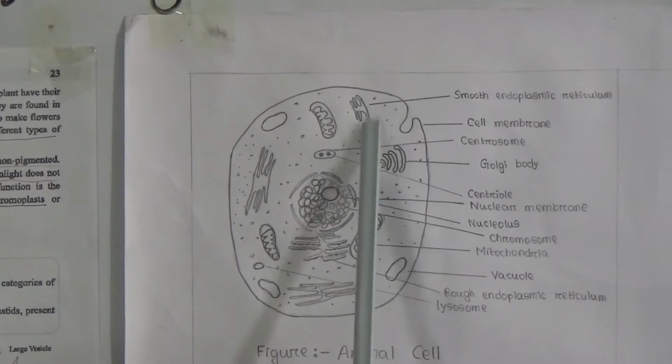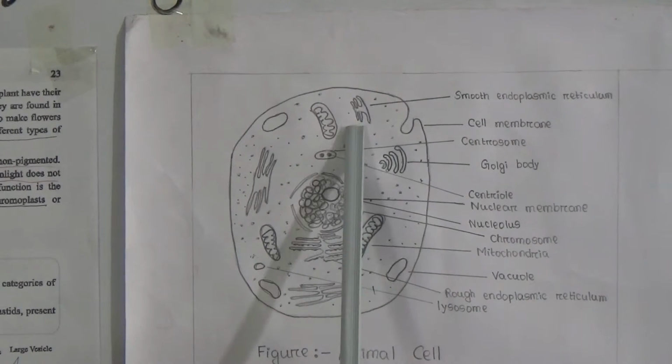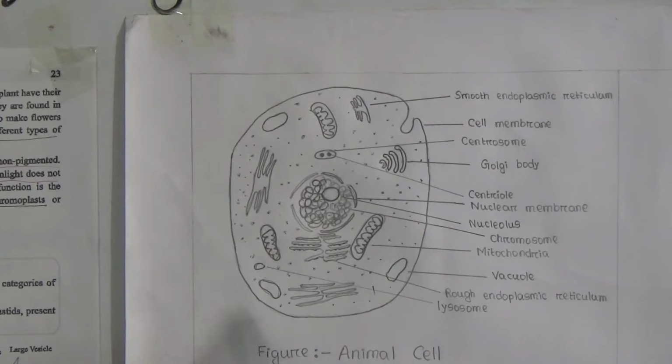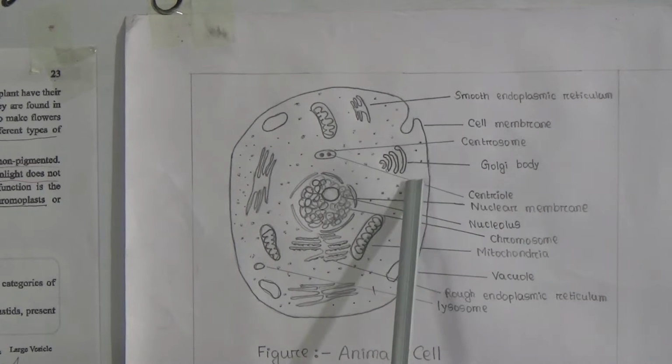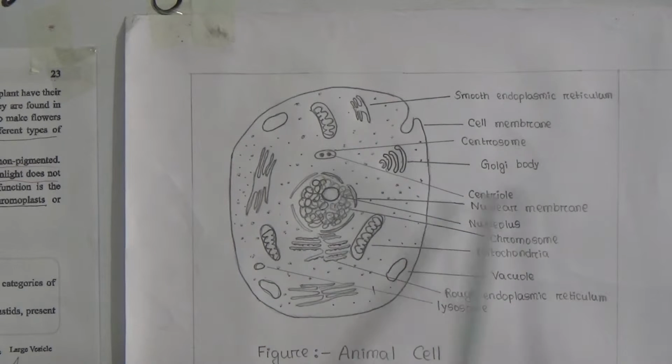Smooth endoplasmic reticulum. There is the cell membrane, the outer part of the cell is called the cell membrane. In the cell there are centrosome, Golgi body, centriole, nuclear membrane, nucleolus, chromosome, mitochondria, vacuole, rough endoplasmic reticulum, and lysosome.